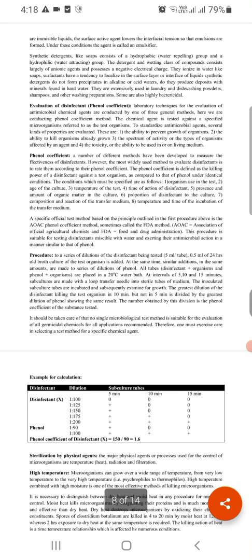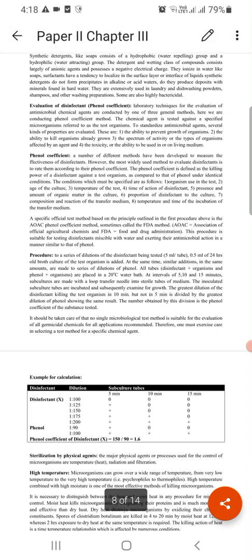The conditions must be specified. The organism in use must be similar, the age of the culture must be similar, the temperature of the test must be similar, the time of action of disinfectant and phenol must be similar, the presence and amount of organic matter in the culture must be similar, the proportion of disinfectant to the culture must be similar, and the composition and reaction of the transfer medium, and the temperature and time of incubation of the transfer medium must be similar.